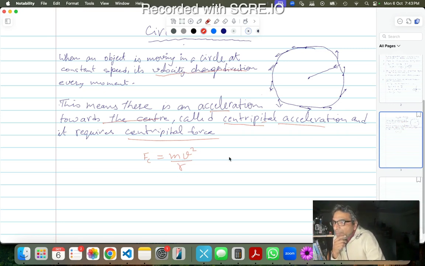Now, when we compare this with Fnet equals ma, we can say a equals v squared over r. This is the centripetal acceleration, and this is the centripetal force.